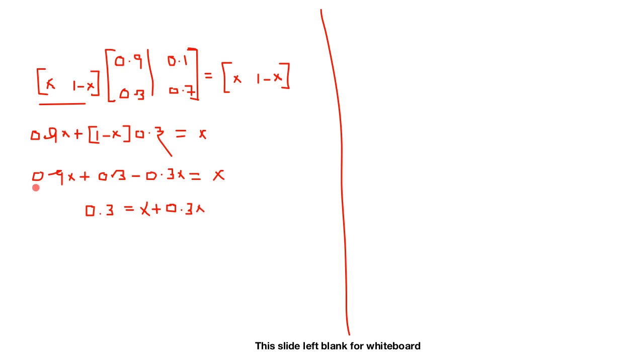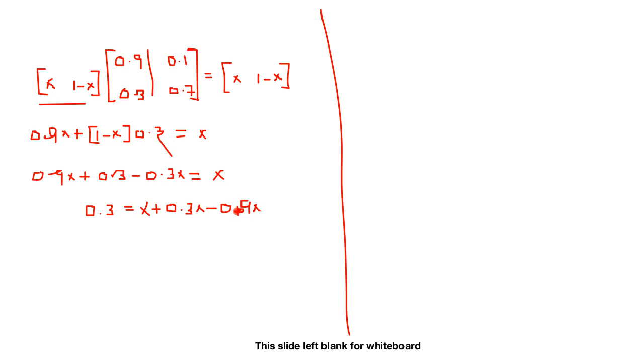Then positive 0.9x, if it crosses the equal sign, it becomes a negative 0.9x.